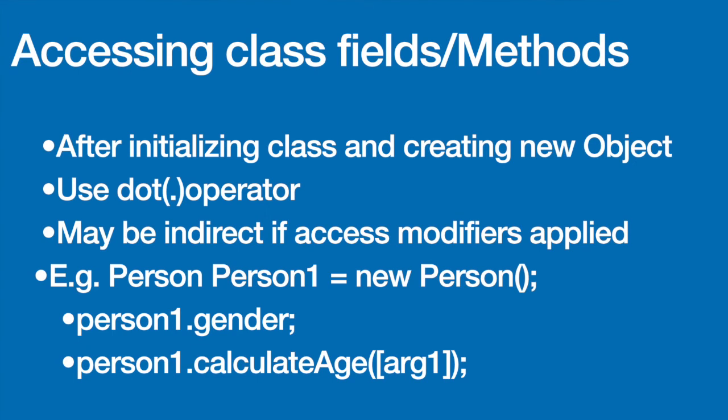And if we want to use a method, we will use the method name after the dot operator like this. Calculate age is a method. It can have arguments or it might not. If we have defined parameters when we create the blueprint or the class, then we have to put arguments here. Arguments are values included in the place of parameters when we call the method.